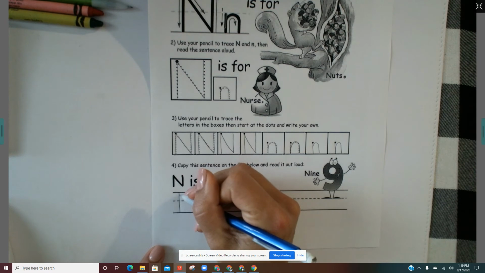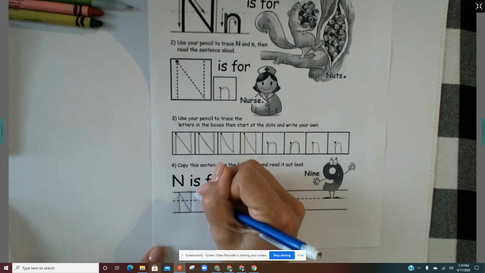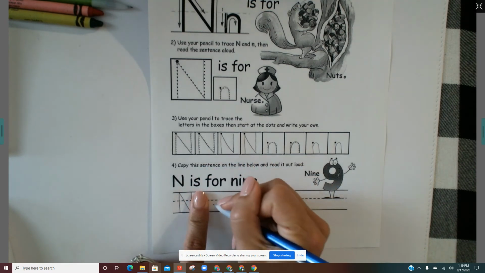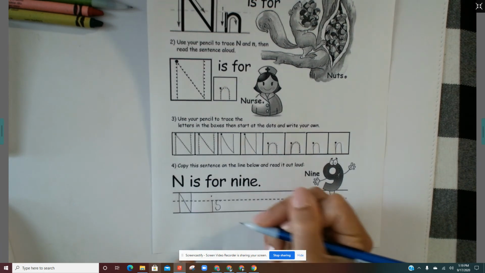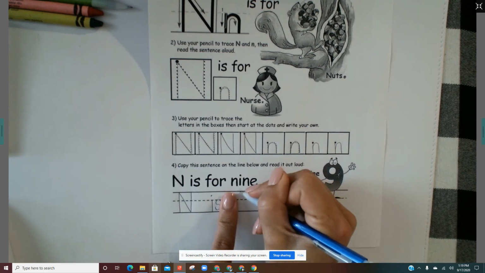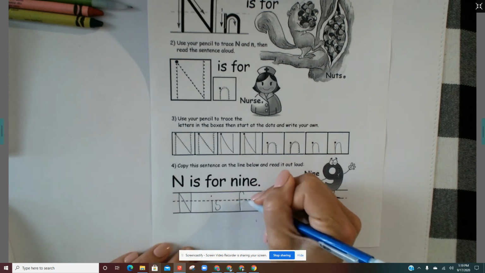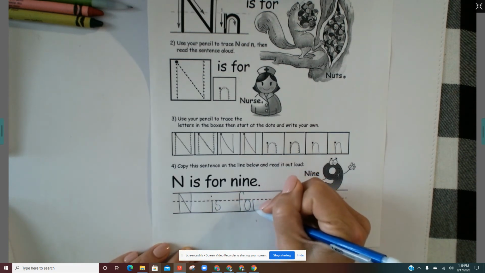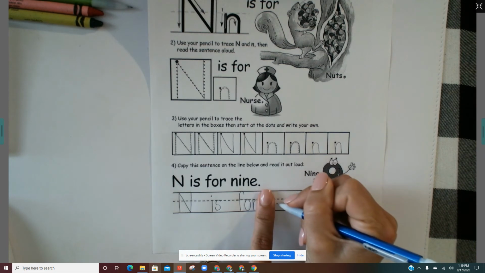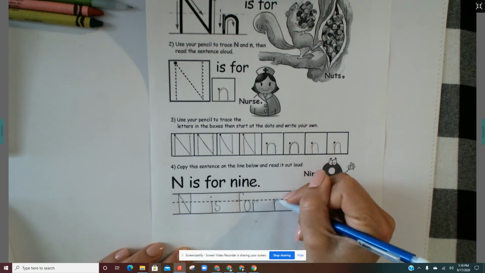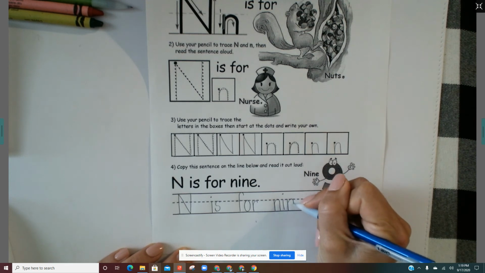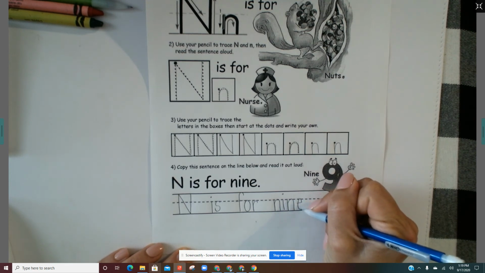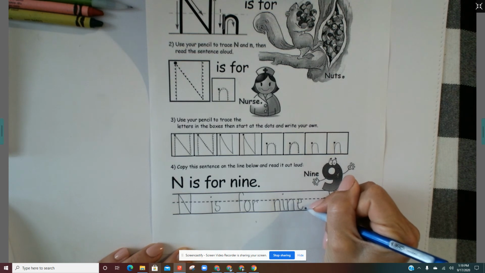I'm going to start with this uppercase N. Then I'm going to put a finger space, write the word is, finger space, write the word for, finger space, write the word nine. N-I-N-E. And don't forget the period at the end.